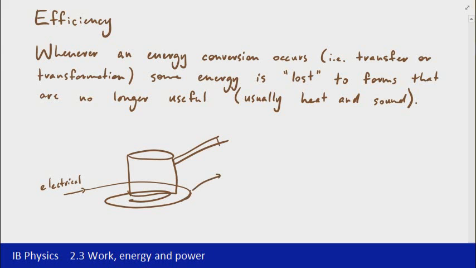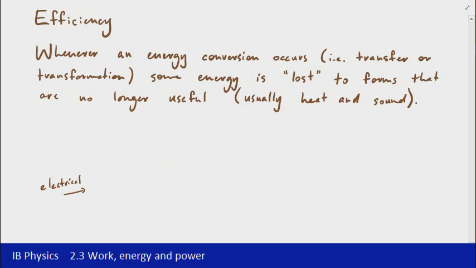Some of that heat will then be lost to the environment, while some of that heat is then actually transferred into the pot itself, and then through to the food there as well. So again, we've got this lost form of heat. So the electrical energy that we have to start with will be greater than the heat energy that's supplied to the food in the pot, and so we don't have 100% efficiency. We're always going to have less than that.